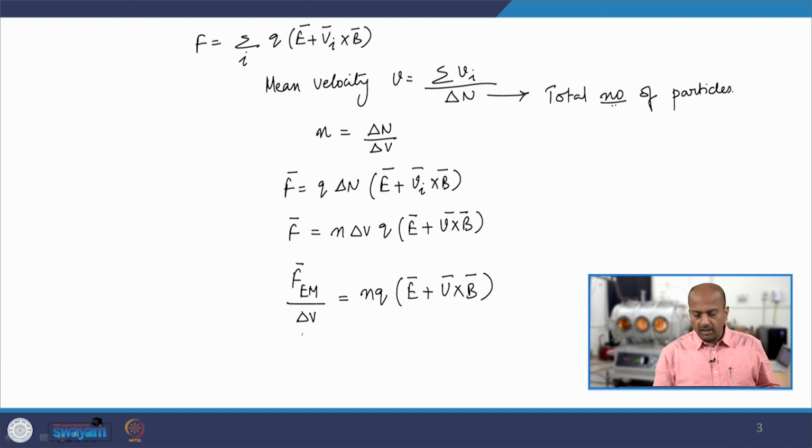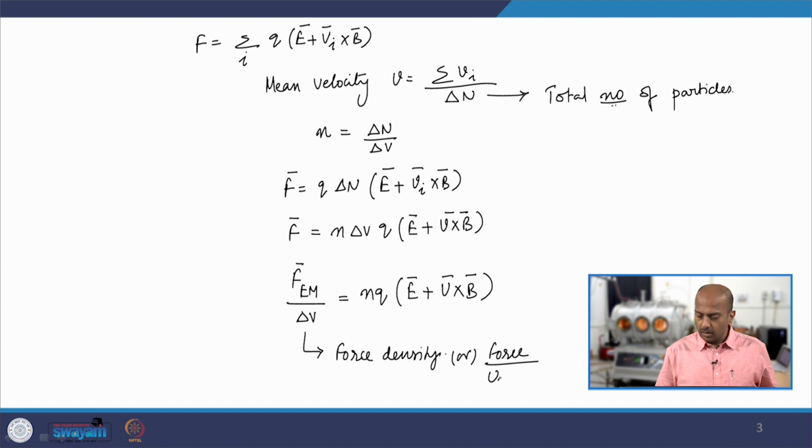So, this quantity that appears on the left hand side is called the force density. We are just writing equations in a different notation, right. So, this is called the force density, which is also equal to force per unit volume.